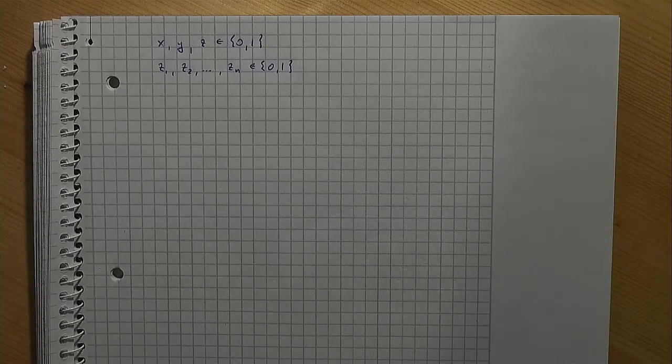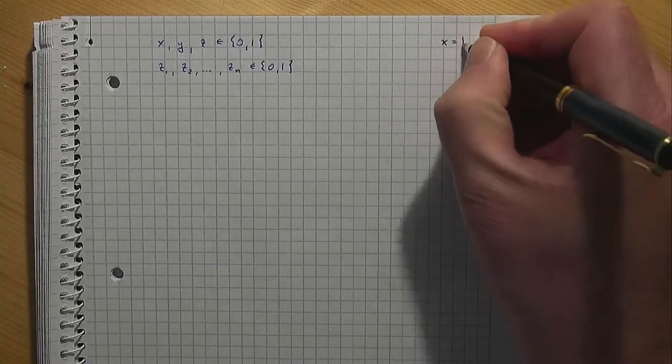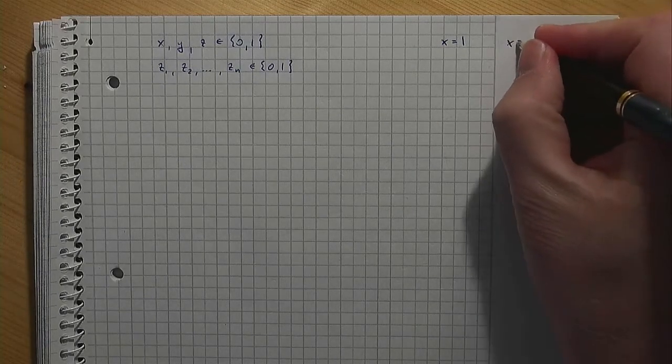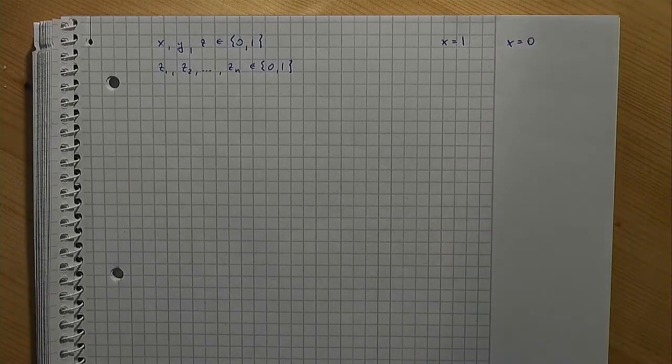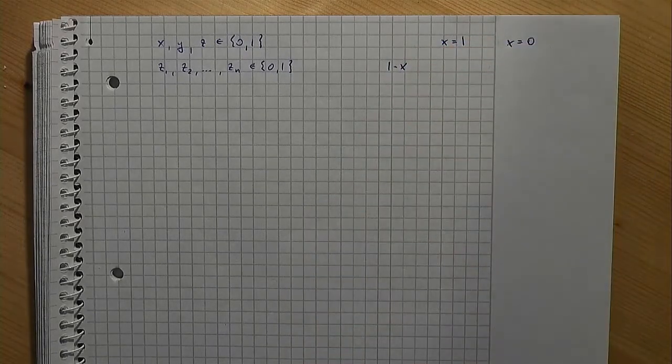If in such a setting x equals 1 indicates that something is true, and x equals 0 indicates that something is false, then the expression 1 minus x is an indicator of the opposite.